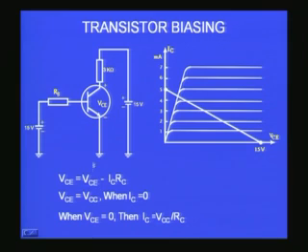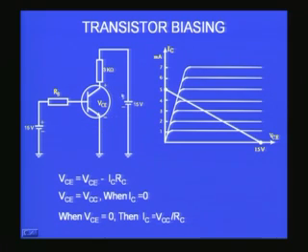Now, I have written some equations here which will become very simple to understand, I hope. Now, what is VCE? VCE is the voltage between the C and E, the collector and the emitter region. So, this voltage is called VCE.